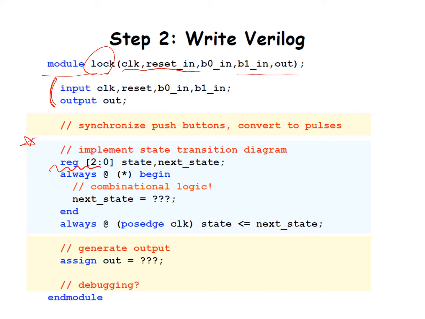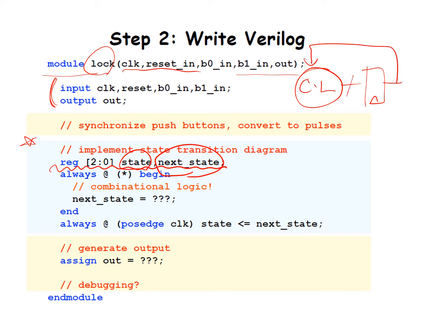We need to specify the state and next state variables. Remember, we have a flip-flop and combinational logic, with feedback and the input. The input to the flip-flop is the next state, and the output of the flip-flop is the state.